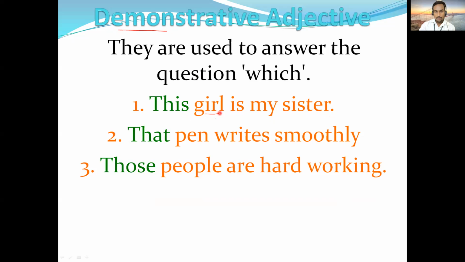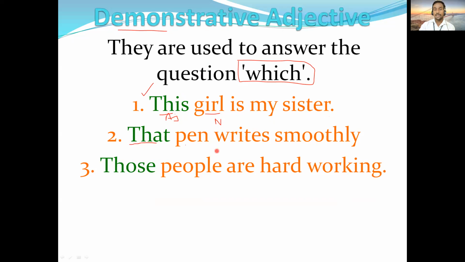Here girl is a noun, and this is a demonstrative adjective. If you ask the question which girl is my sister, this girl is my sister. So this is a demonstrative adjective. Then similarly, that pen writes smoothly.